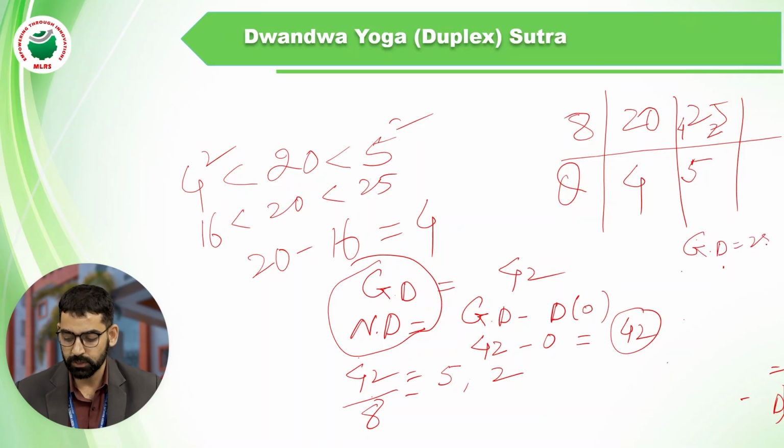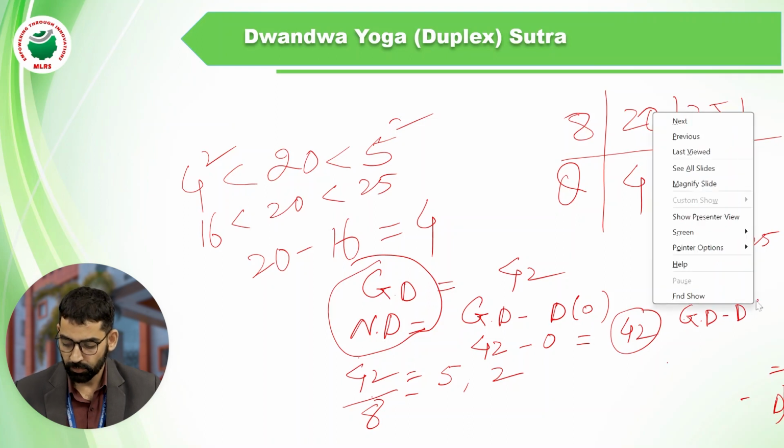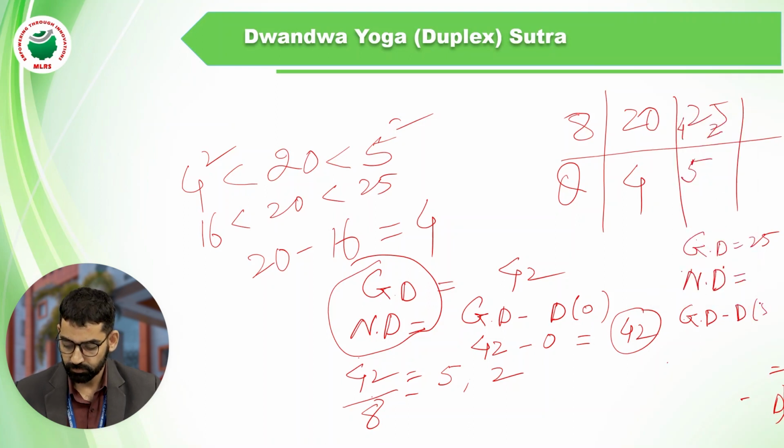So gross dividend is 25. Now we have to calculate the value of net dividend, which is equal to gross dividend minus duplex of this number, which is 5. So gross dividend is 25 minus duplex of 5.